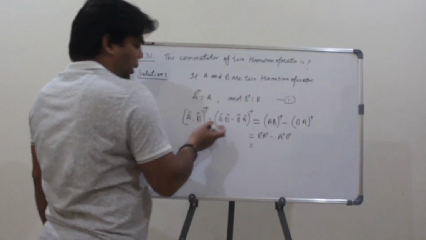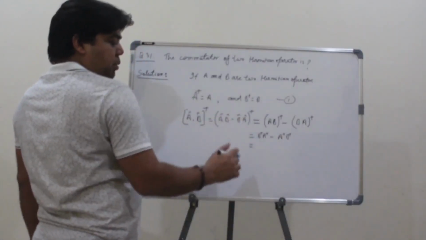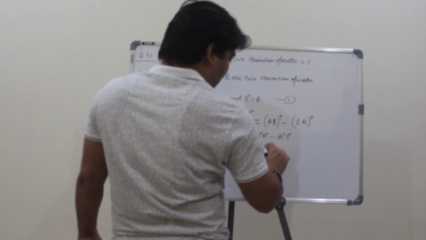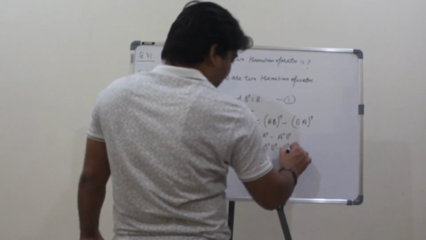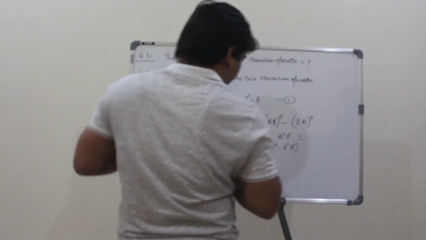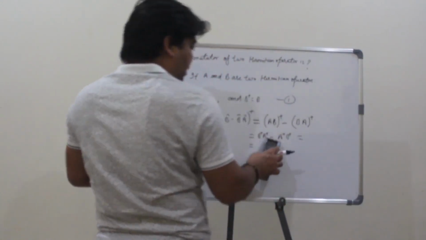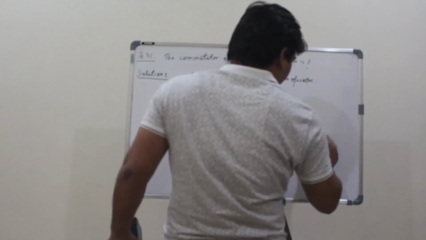Now let's simplify it. Now B dagger is B and A dagger is A. So it gives you BA minus AB.